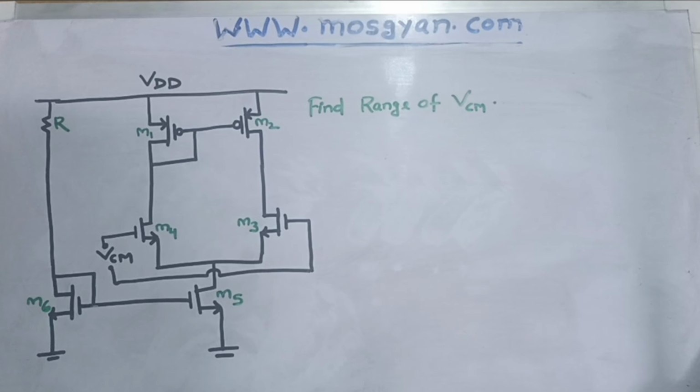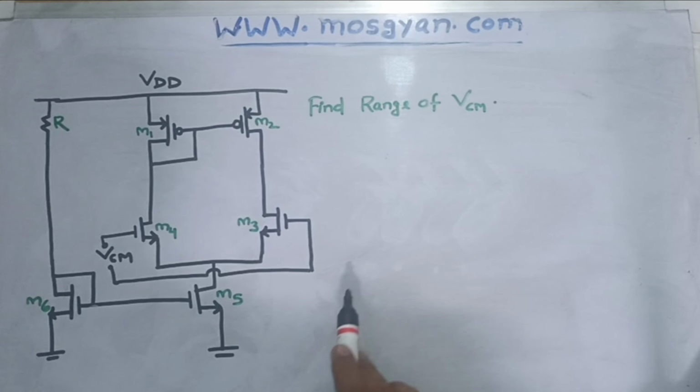So first of all, it is very important to understand what is the meaning of this question, why we need to find this range of VCM.